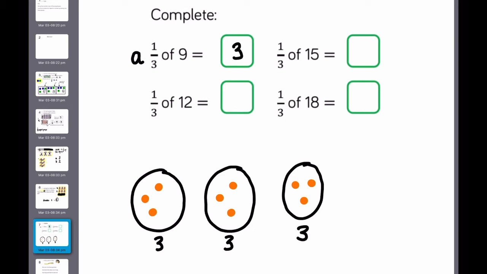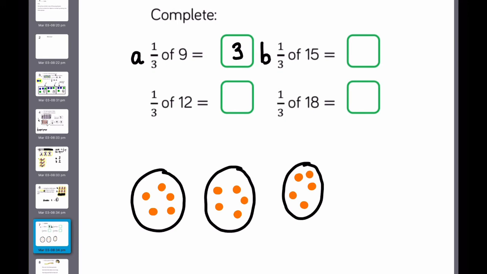Fantastic. Okay, let's do another one. This time, let's go for a third of 15. So draw out your circles again. Okay, let's go it together. Ready? 1, 2, 3, up to 15.